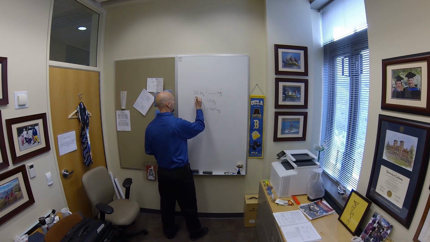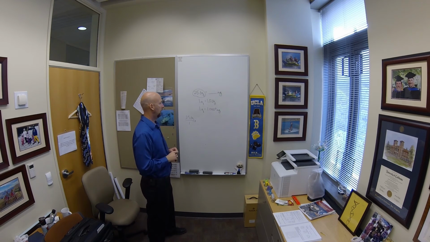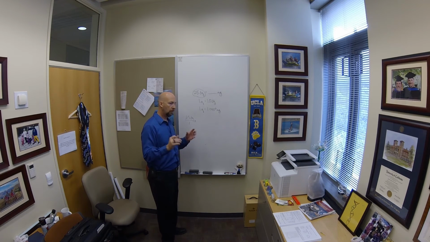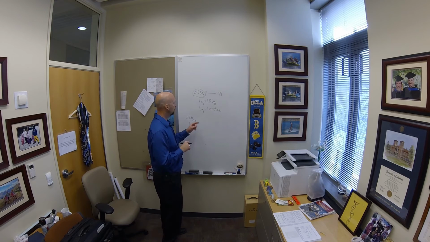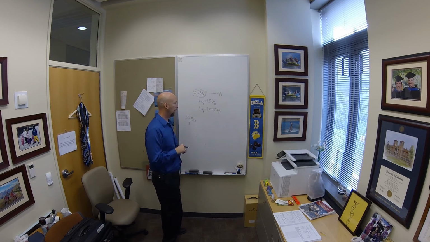So always start with what you're given. Your 25 decigrams. So 25 decigrams over 1. Now I'm trying to get to micrograms. When you get more advanced with the metric system, you can convert directly from decigrams to micrograms. However, most of you probably aren't there yet.